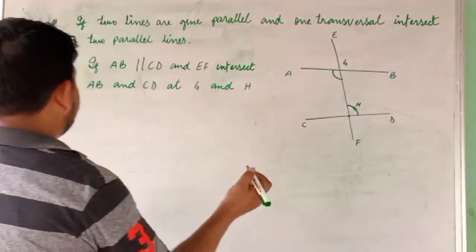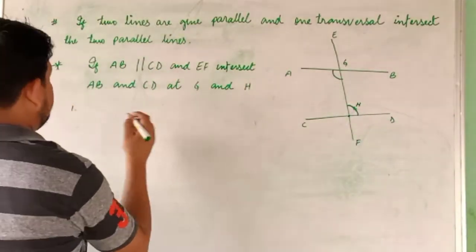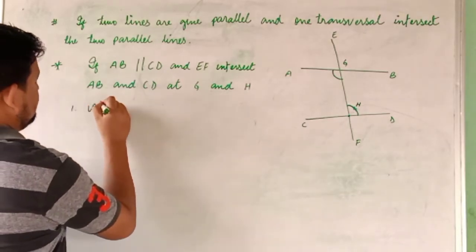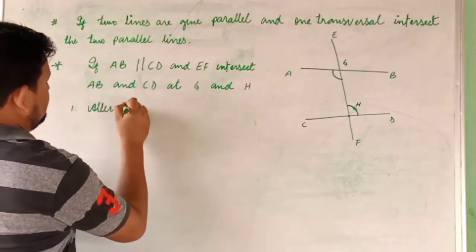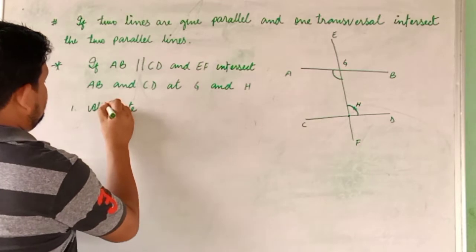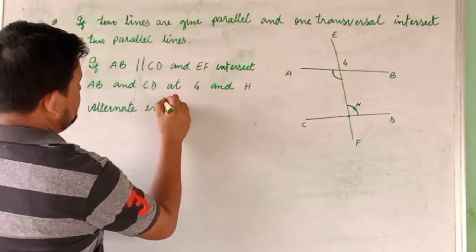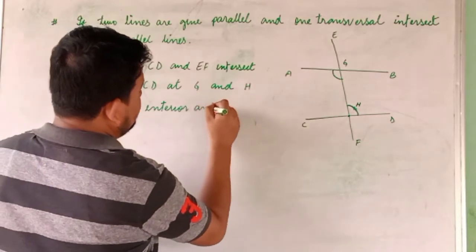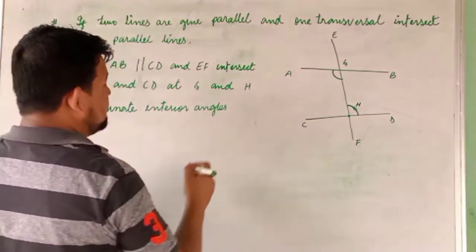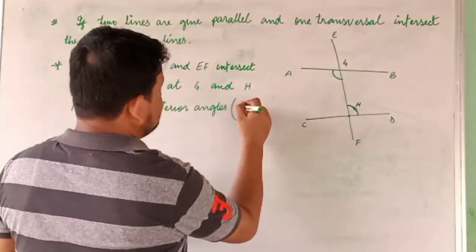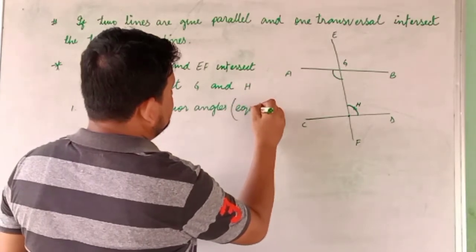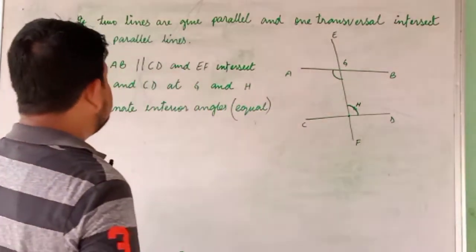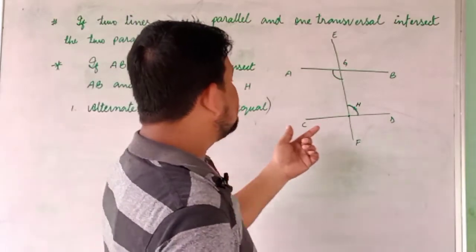We can write number one: alternate interior angles. You have to know that alternate interior angles are always equal to each other.